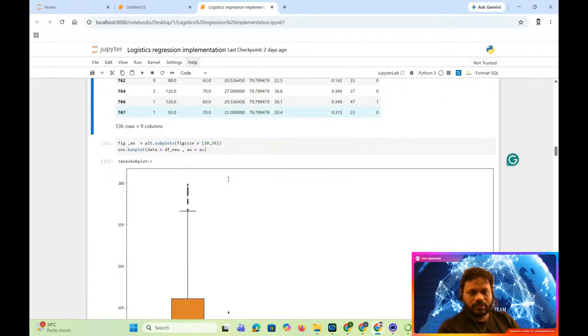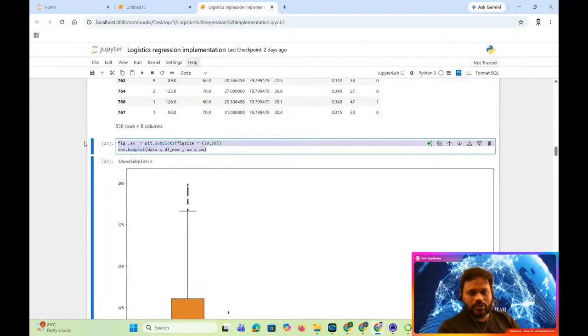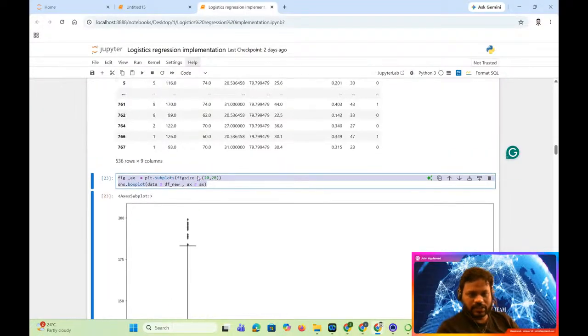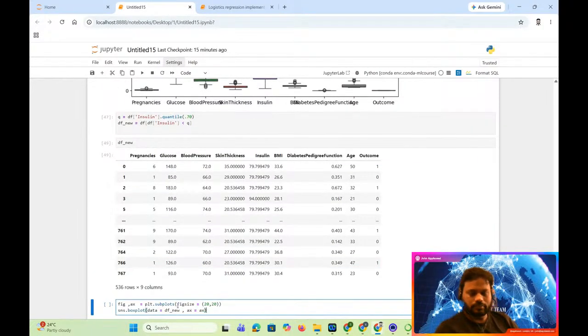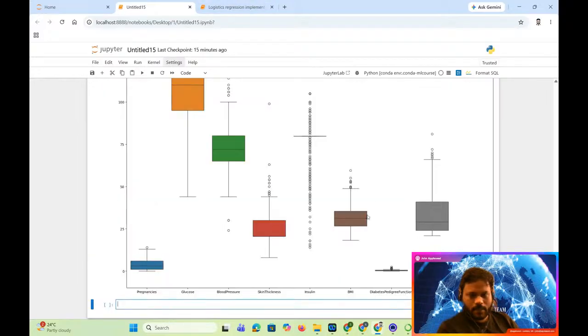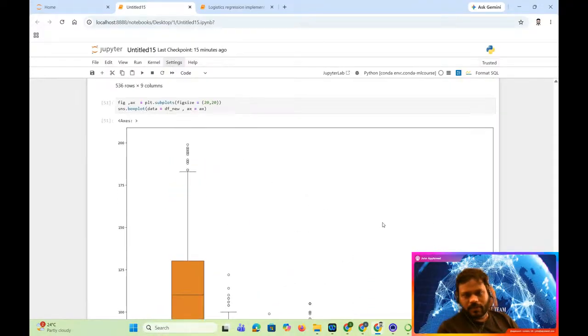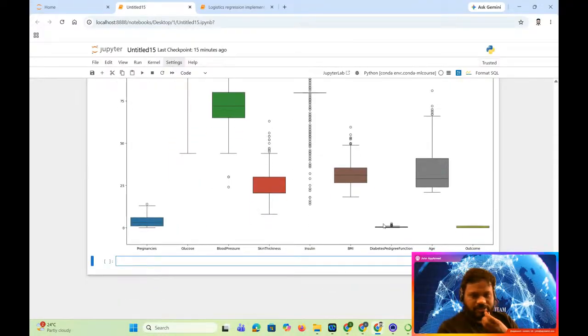Okay, now again plot this with subplots, figure and axis, between df new and this one. Okay, see, the perfect plot between this, and you can see outcome, diagnosis, and you see the outcome is 0.